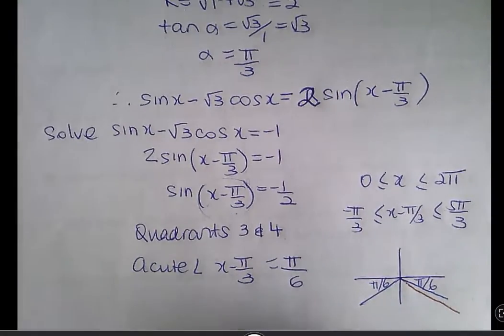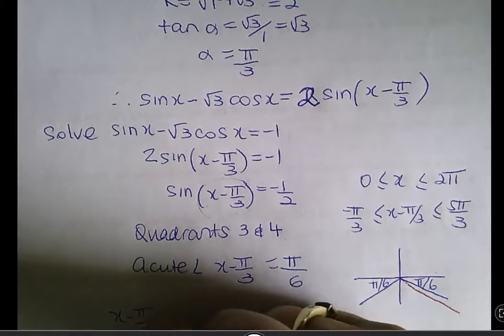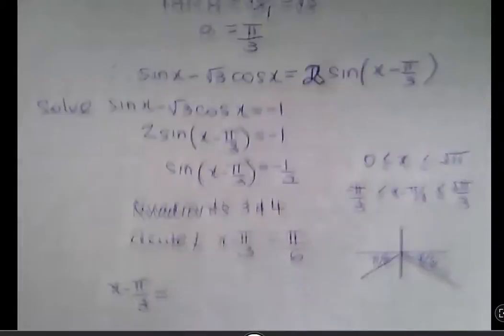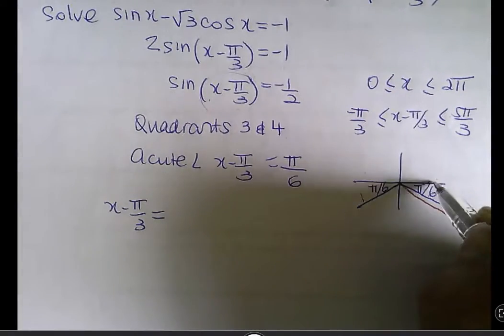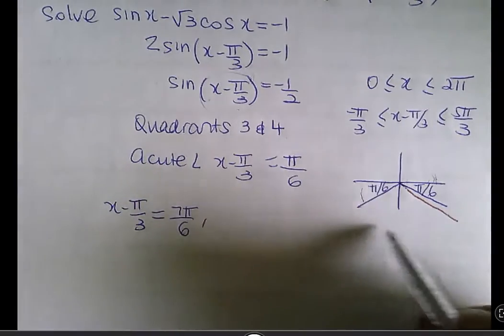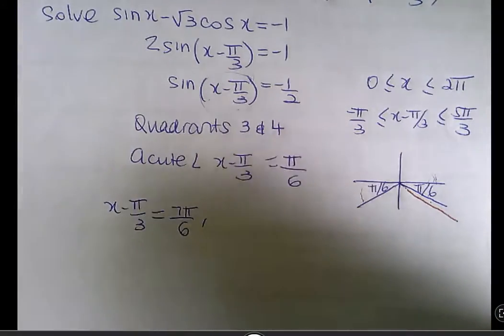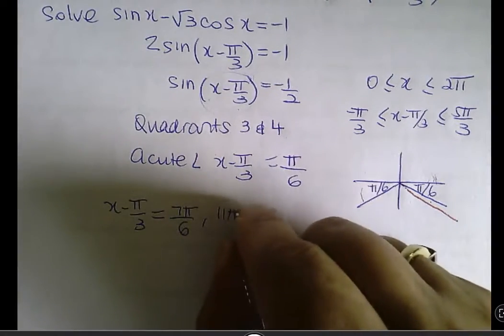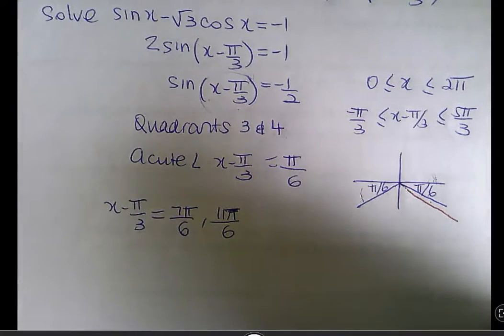All right, so what are my answers for quadrant 3 and 4? So therefore, x minus pi on 3 is, quadrant 3 answer, what is it? Good. And quadrant 4 answer, yeah, it's 2 pi minus pi on 6, 11 pi on 6. Is that too big? No, one.